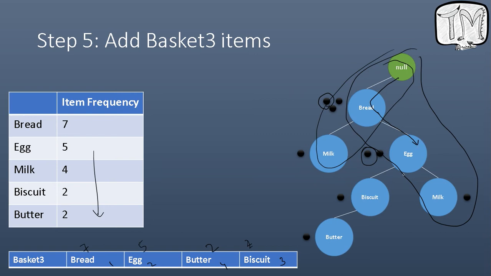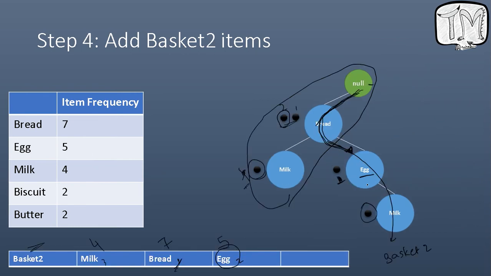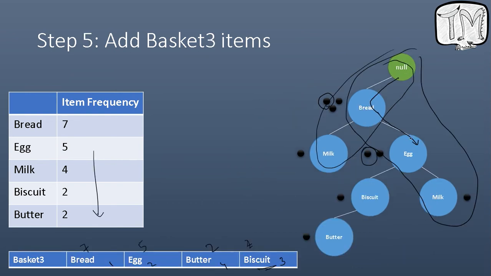Then we will look if biscuit, which is the third item, exists or not. And as you can see in this part, after egg we only had milk and no other element. Okay, so we added another branch here, another node here with biscuit, and setting its frequency as 1. And after biscuit we have butter, so we added another child butter and added its frequency as 1.